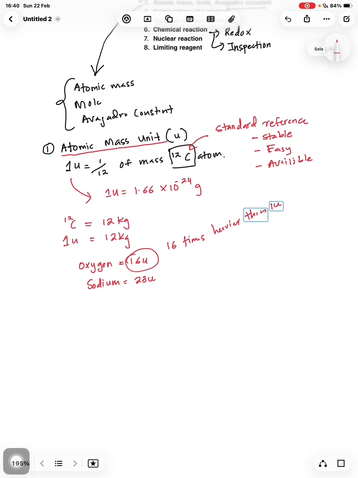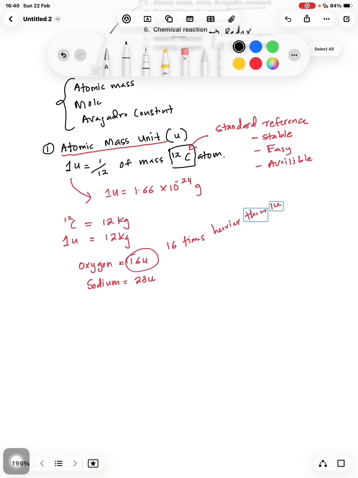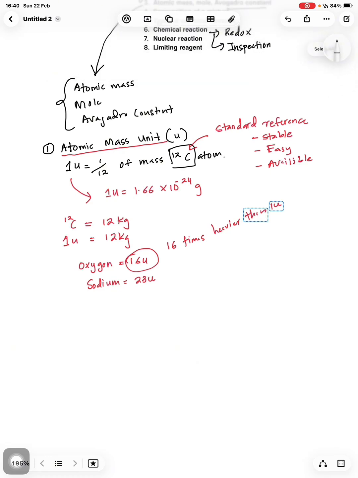Moving on to average atomic mass. It's a very important concept. Many students think atomic mass is a whole number, but atoms exist as isotopes because nature is messy, right?